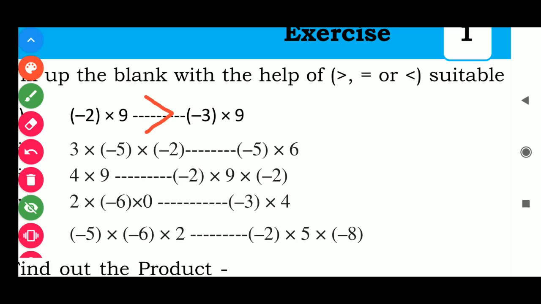Now come to the second question. Second question: minus 3 with minus 5, 15 with minus sign, and minus once again. So we get 30 with plus sign. So you can write 30.